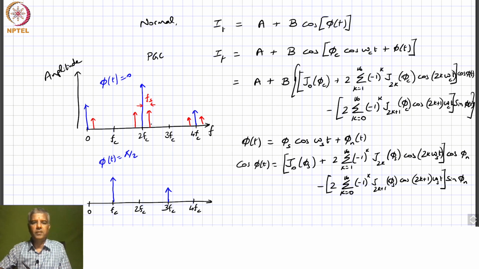There could be components around here depending upon which of these terms are dominant. So, essentially by picking up these components here, this 2Fc component for example, you can figure out what is Fs, the signal frequency.